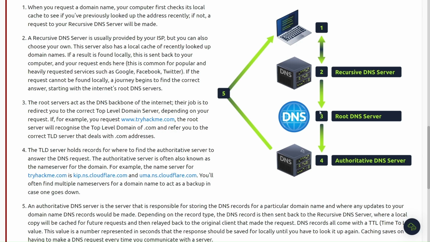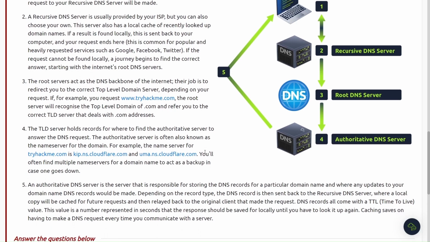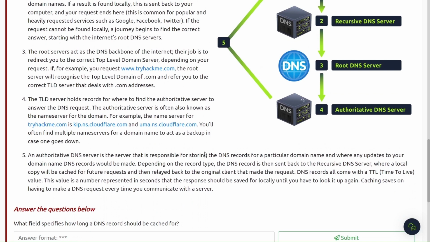So we are here, and now 3. The root servers act as the DNS backbone of the Internet. Their job is to redirect you to the correct top-level domain server, depending on your request.